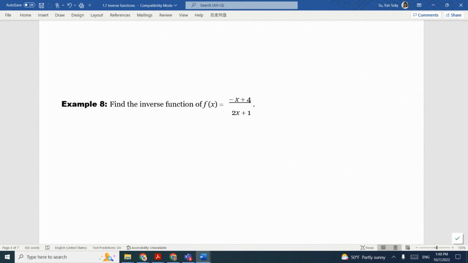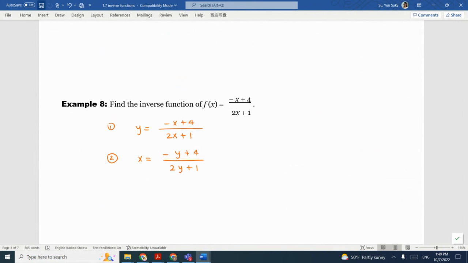Let's see, example 8. Yeah, we can do example 8. Step 1, set y equal to f of x, which is minus x plus 4 over 2x plus 1. And then what is step 2? Switch x and y. So this is x, and then this is the y.